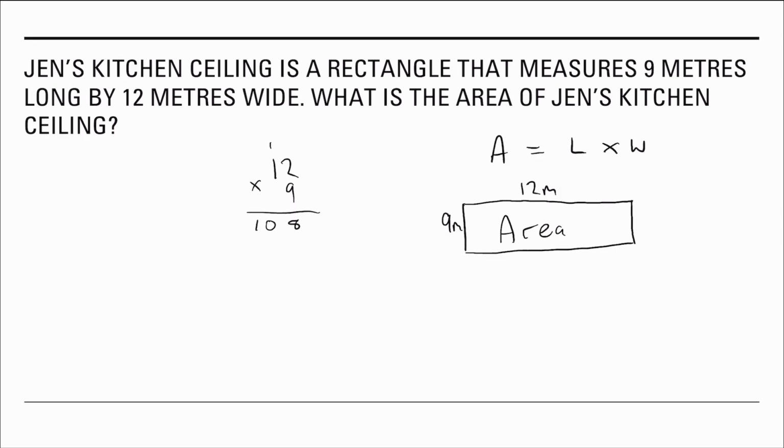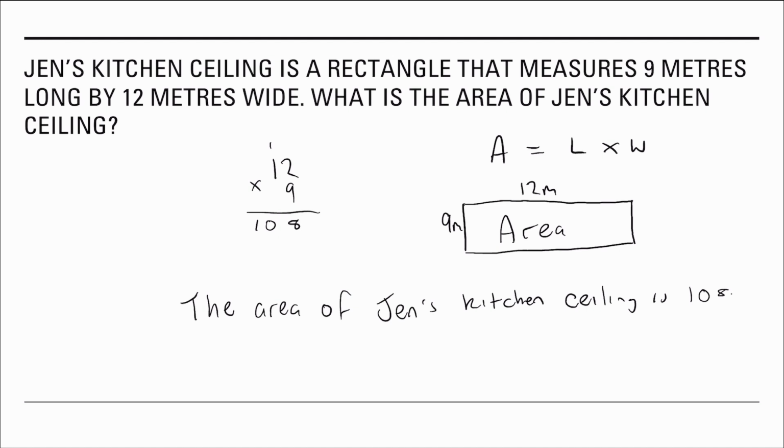And so we end up with 108. So we could say the area of Jen's kitchen ceiling is 108 meters squared. And so we always put our squared up there exactly like that.